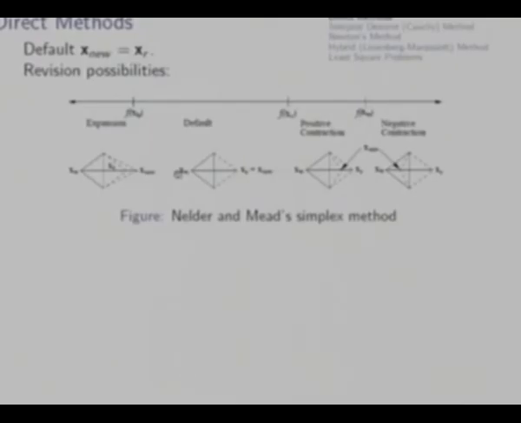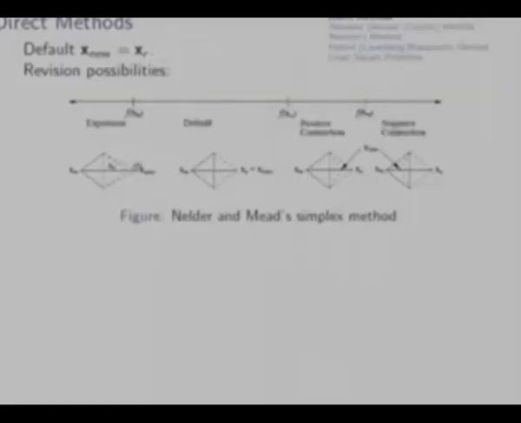There can be some other possibilities. For example, if we find that the function value at xr, f of xr, turns out to be better compared to even the best point that we have right now, among the current vertices of the simplex, then that will mean that this is a very good direction to go forward.